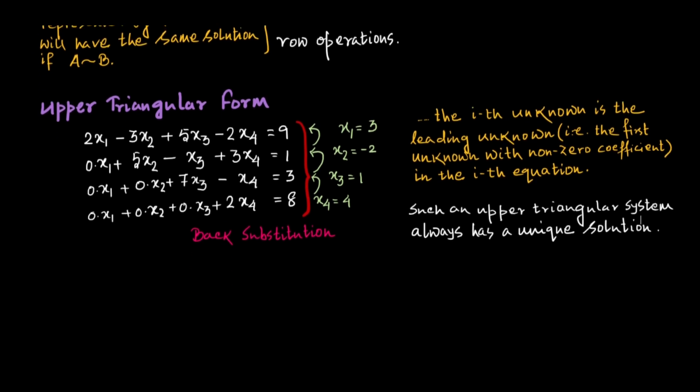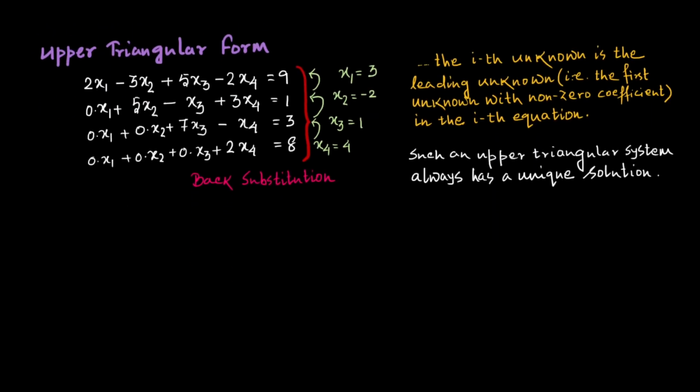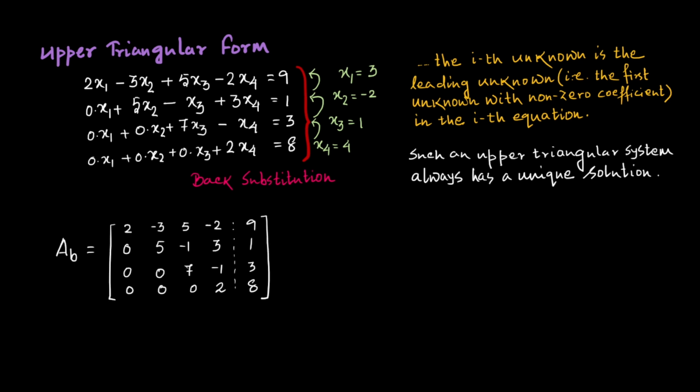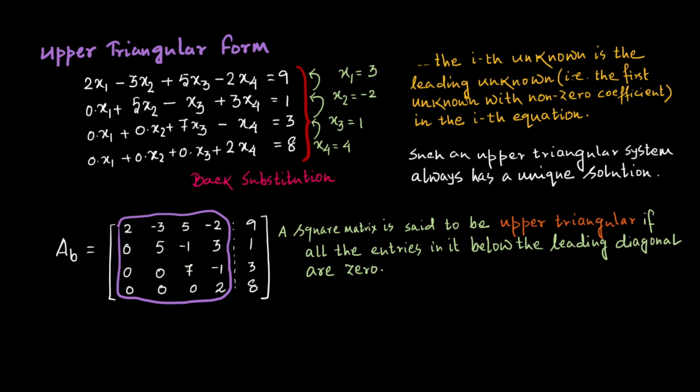Now, if you represent this system of linear equations in augmented matrix form, then this will be your augmented matrix, where the partition containing the coefficient matrix is upper triangular, because we know an upper triangular matrix means a square matrix whose entries below the leading diagonal are all 0. Here you can see this is my leading diagonal, and all the entries below this leading diagonal are 0.